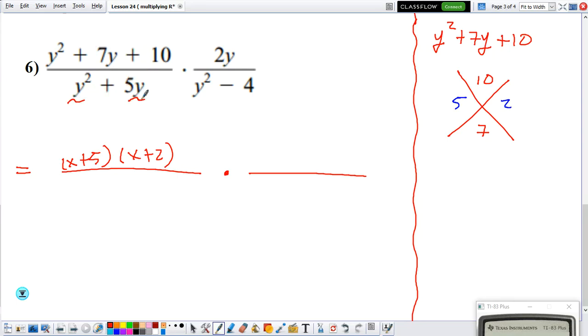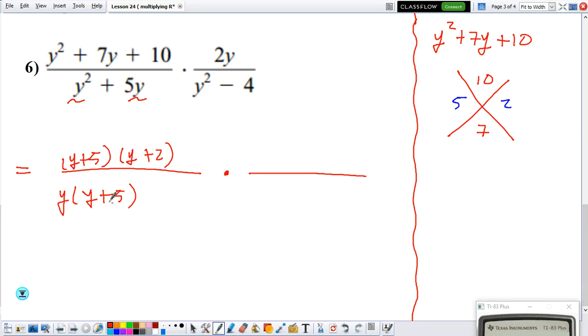I see that I can factor out a y, so let's factor a y. So y plus 5. Excuse me, I rewrote as x's, where in reality we're talking about y's here. You might get confused there, but it's my mistake. So y's, because we're talking about y's.